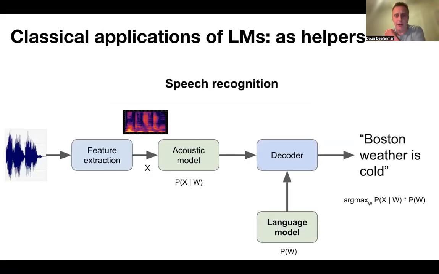Another very classical application of language models in this kind of helper paradigm is speech recognition. I say classical because speech recognizers really in the last 5 to 10 years are not architected this way.